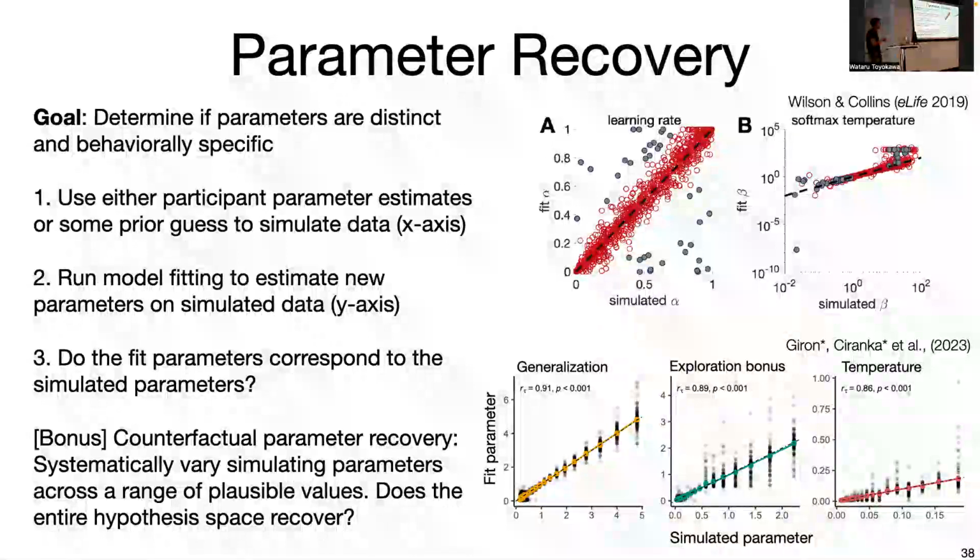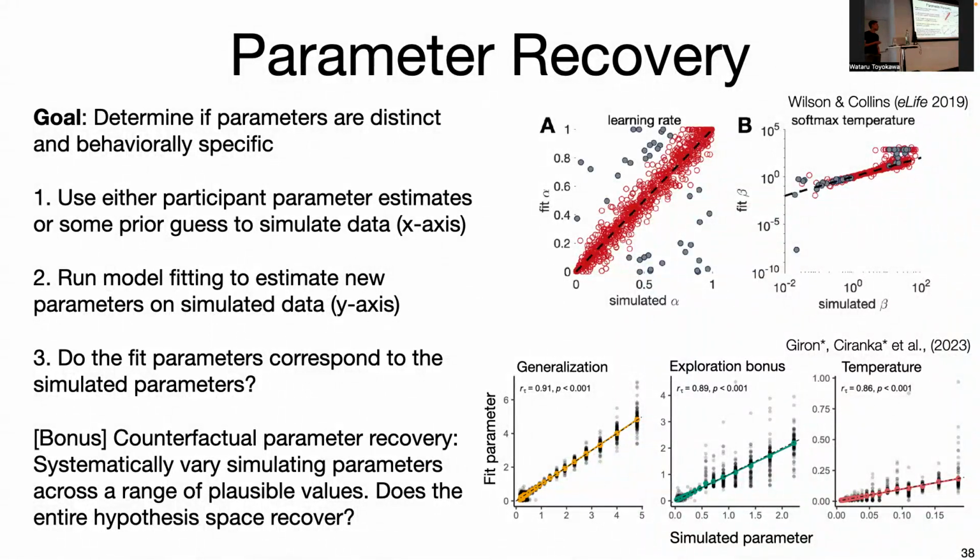And so the process is very similar to model recovery. We run model fitting to estimate parameters on the simulated data across all these different values, and we're trying to see if the parameters correspond to the simulated parameters as well. Some additional ways you can augment this is to, for instance, do some counterfactual parameter recovery by systematically modulating parameters that you got from the data.